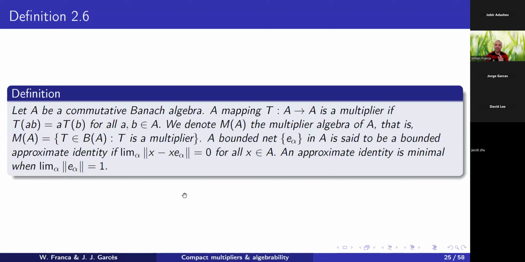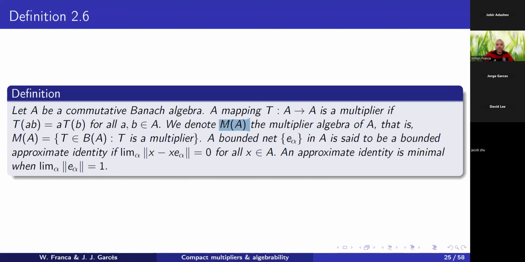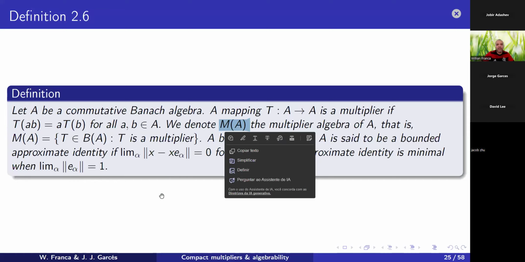For us in this talk, everything is associative. We say that a map from A to itself is a multiplier if it satisfies this condition. And we denote by M(A), the multiplier algebra of A, the set formed by all bounded linear operators from A to itself which are multipliers.